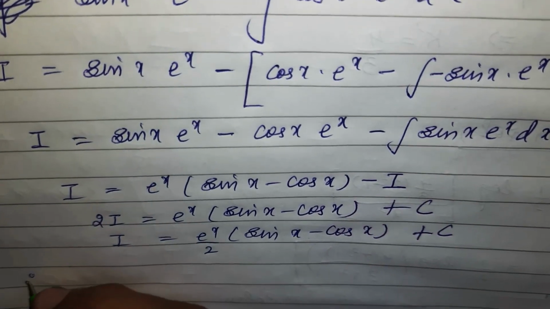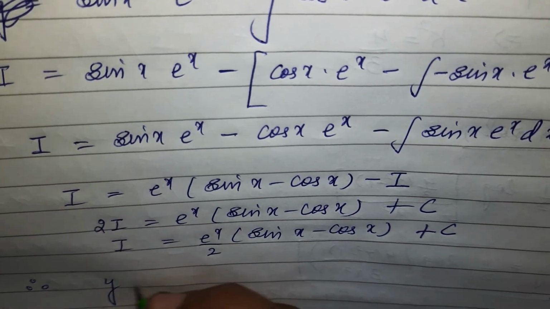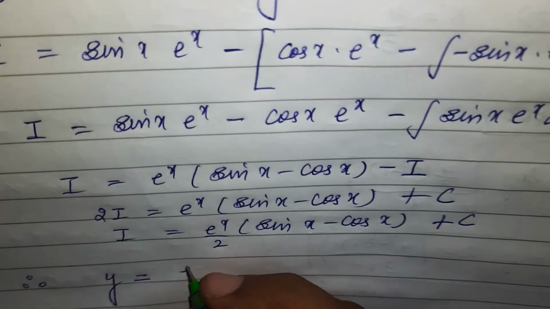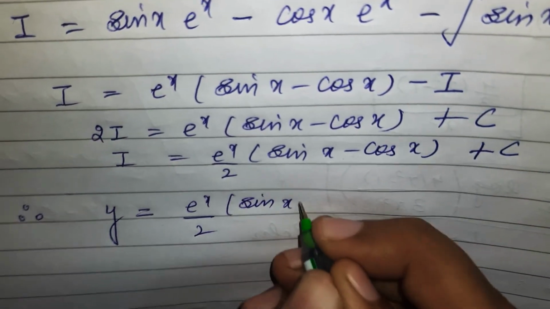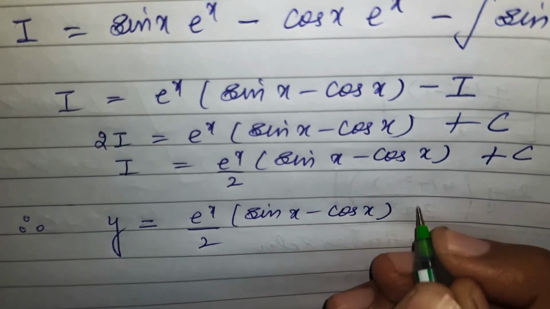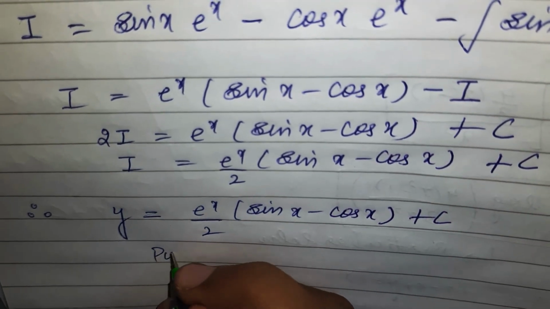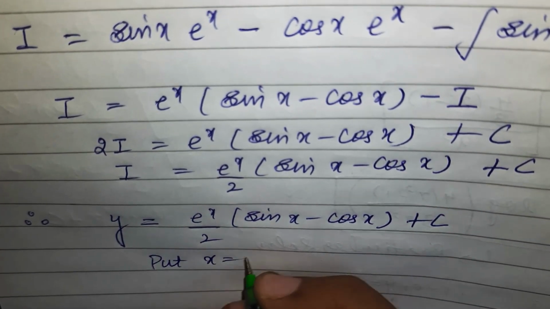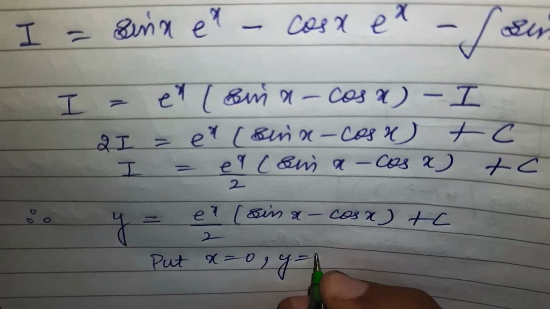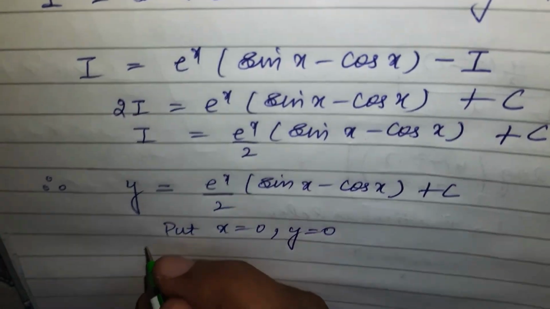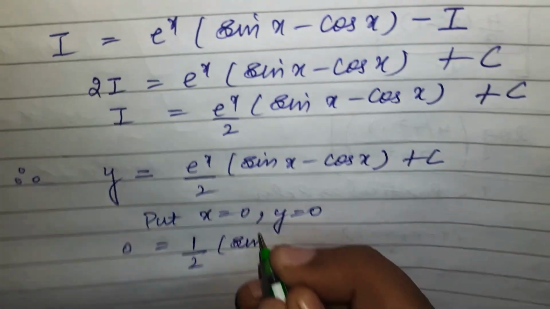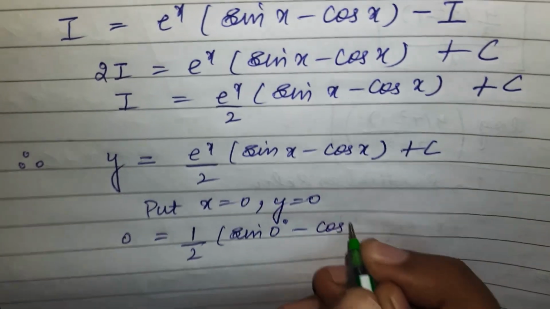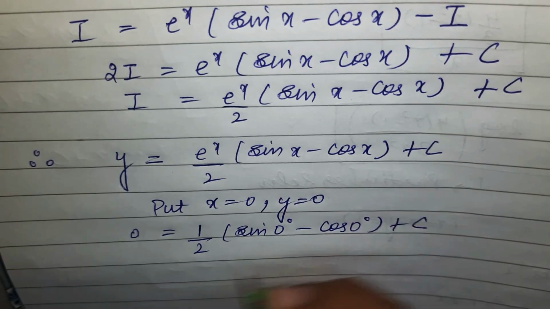So finally you will be getting y is equivalent to e^x by 2 (sin x minus cos x) plus c. Now put x as 0, y as 0. So I am getting 0 equals e raised to the power 0, which is 1, by 2 into (sin 0 degree minus cos 0 degree) plus c.